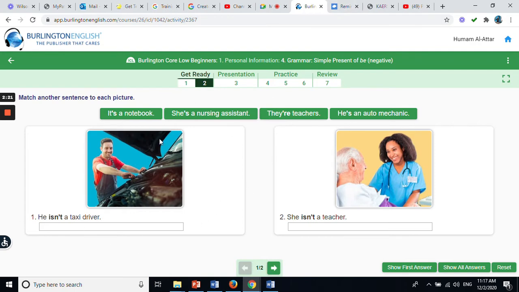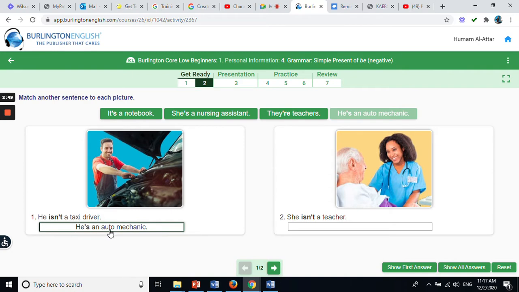Bumo, can you match one of these sentences to this picture? This one? Very good. He isn't a taxi driver.